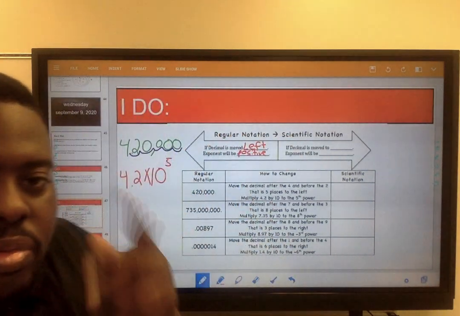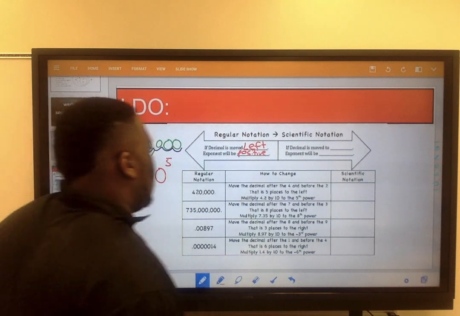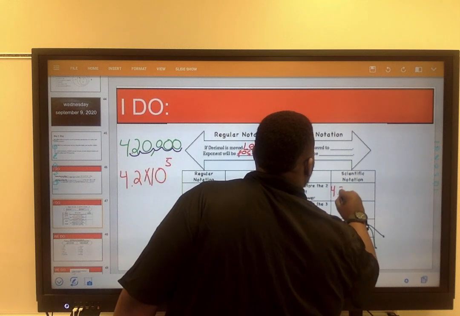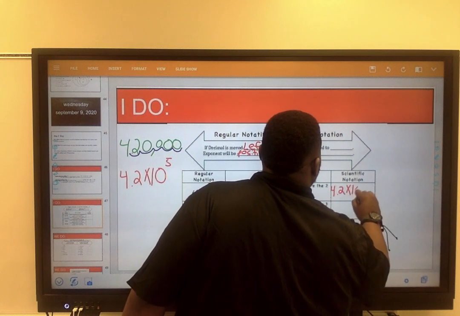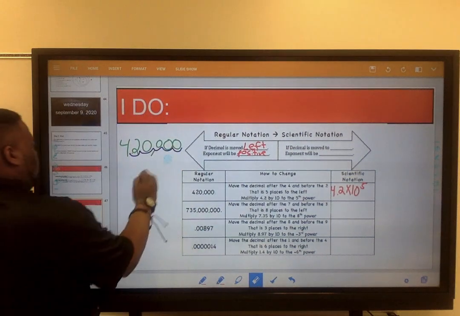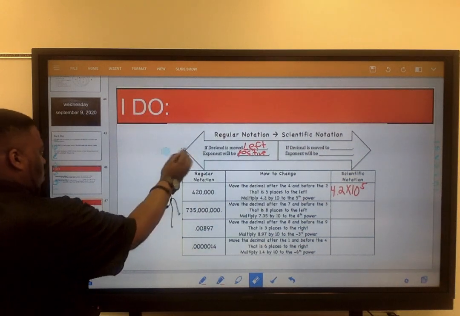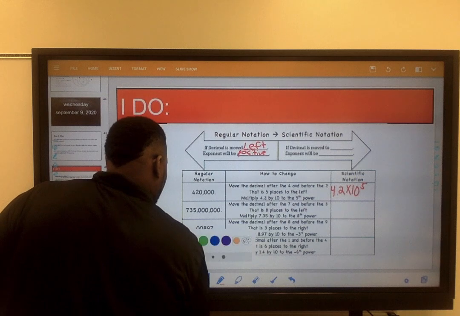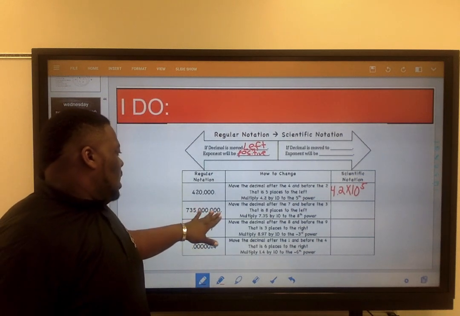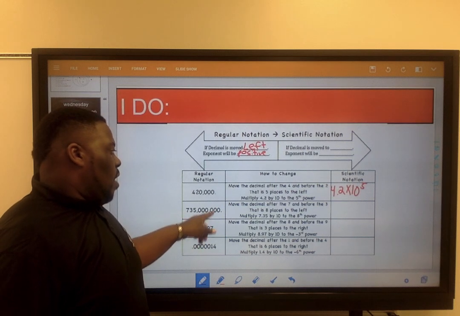So over here, you can put 4.2 times 10 to the 5th. Essentially, it's the same thing right here to the 8th power.